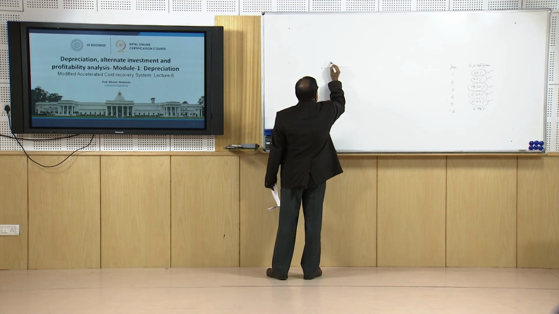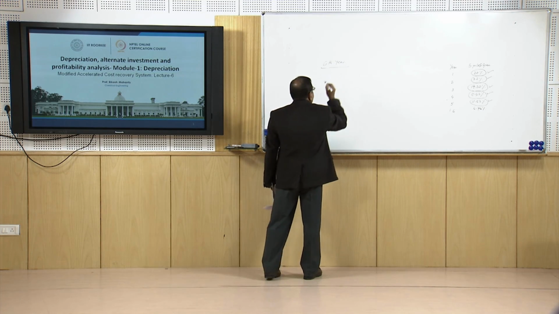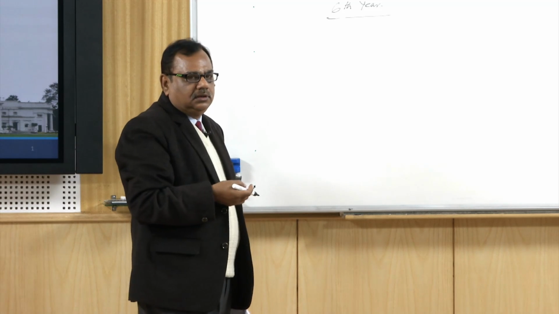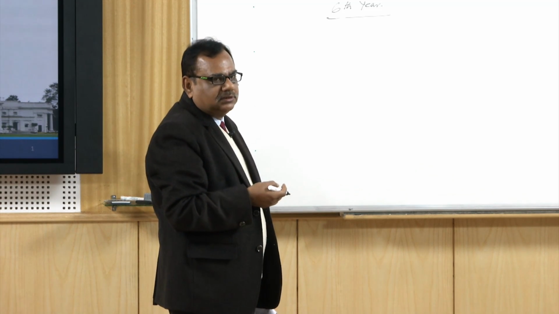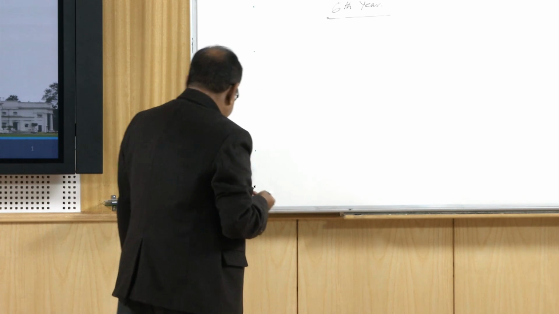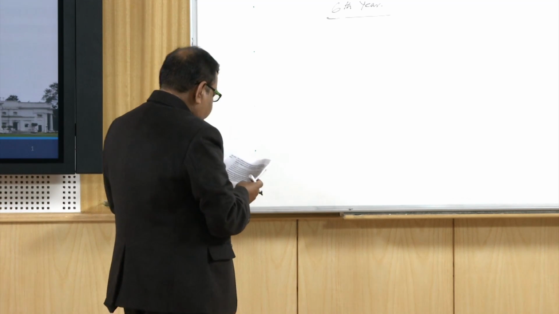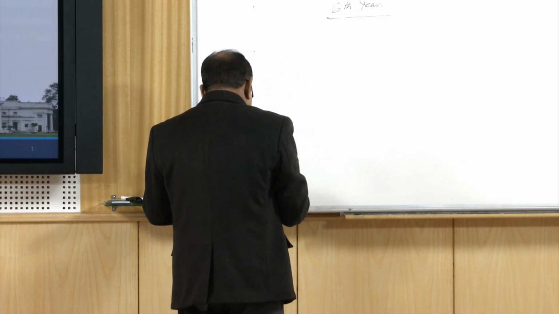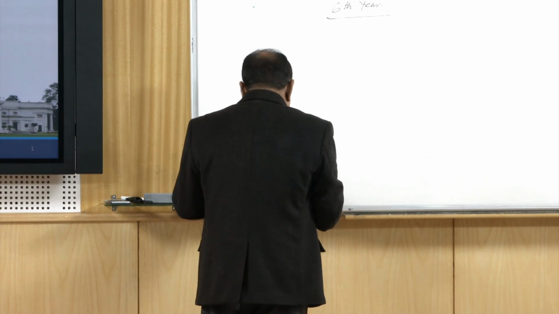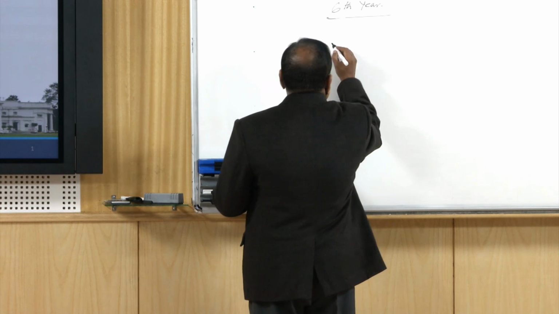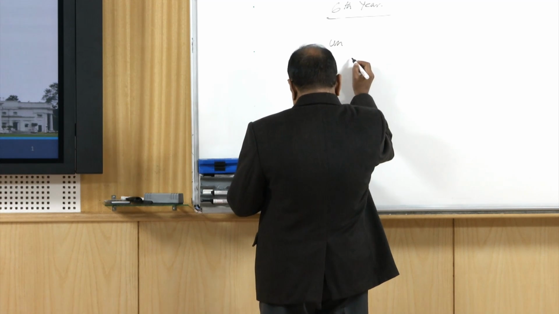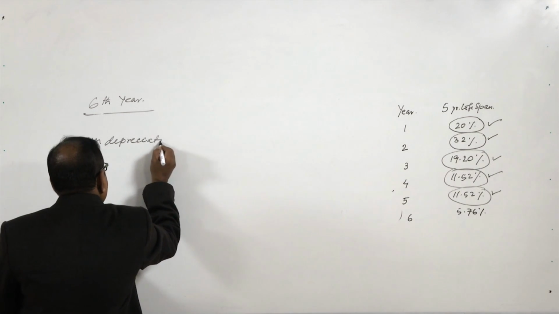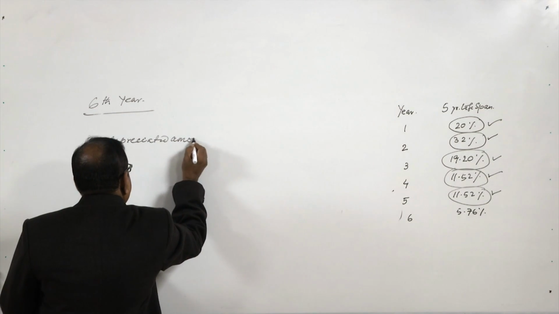In the 6th year, obviously the remaining balance has to be charged as depreciation. Because of the half yearly convention, there is a depreciation charge left for this year. It is equal to the undepreciated amount.